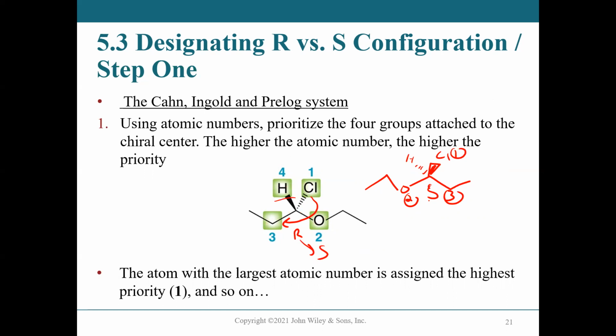I'm just showing you why that is the case. And the priority is assigned by which one is the biggest. So chlorine is bigger than oxygen. You look that up on the periodic table.